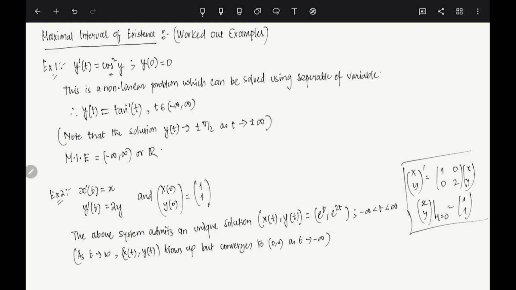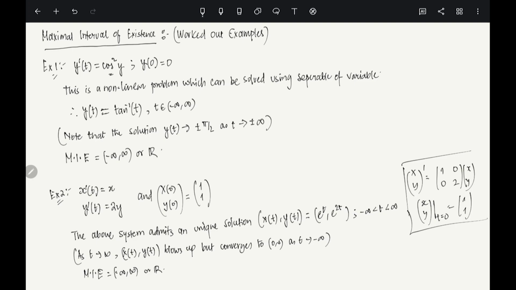Yes, this is a very simple observation. Okay, so still it is always true that the maximum interval of existence for this system is again minus infinity to infinity, or the whole of R.